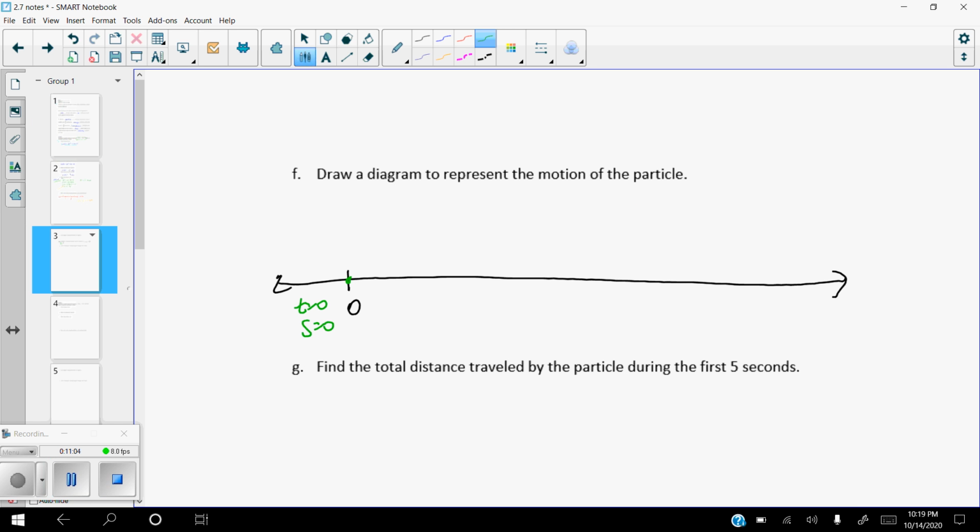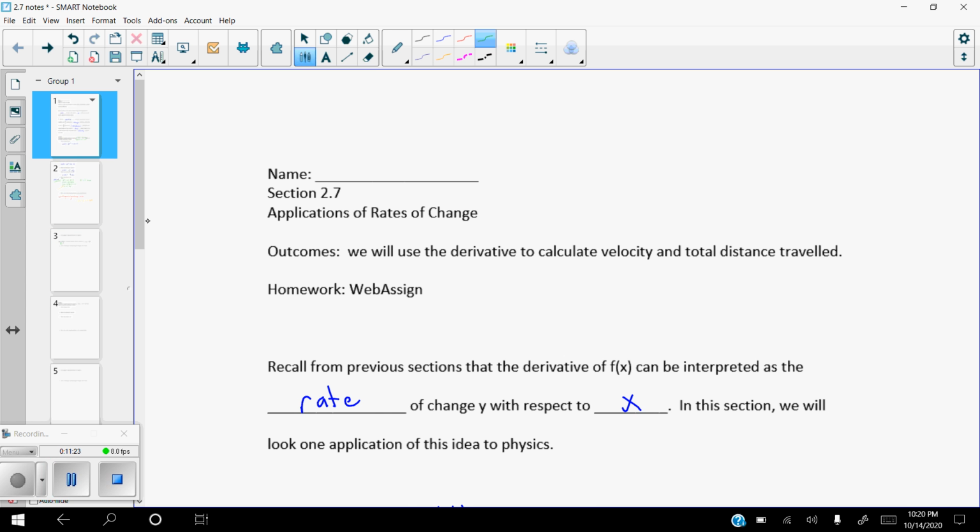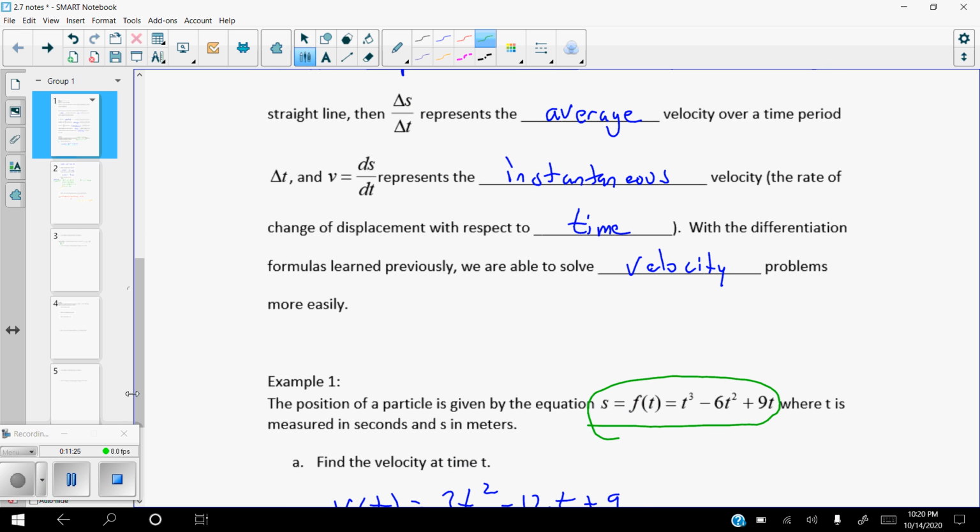So the particle is going to start right here at position 0. Time 0, the position is 0. I've got to find out when the particle stops and turns around. Well, we know it stops at time t equals 1. The question is, where is the particle? Once again, at time t equals 1, we have to go back to the original function, and I have to plug 1 in for t. That's going to give us 1 minus 6, which is minus 5, plus 9 is plus 4.